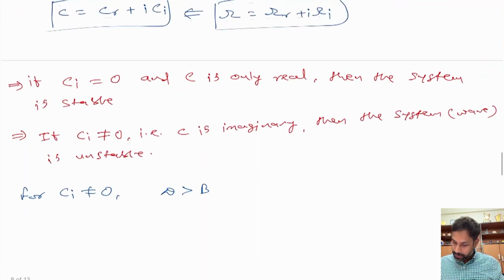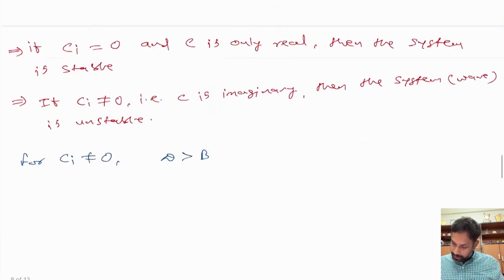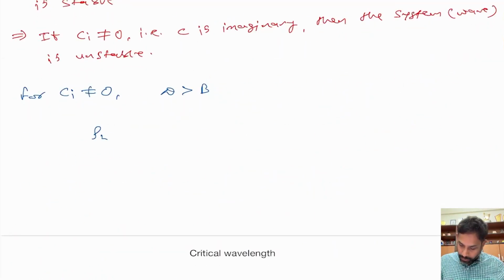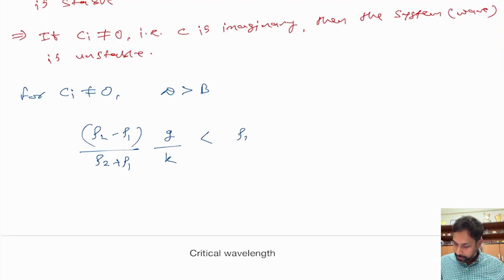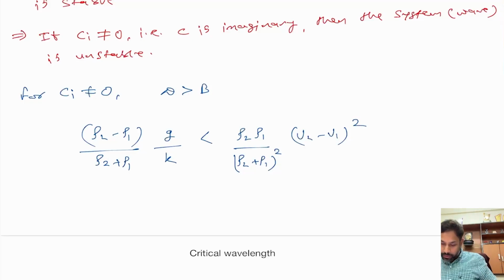That actually means that rho 2 minus rho 1 over rho 2 plus rho 1 G over K is smaller than rho 2 rho 1 over rho 2 plus rho 1 square u2 minus u1 square.